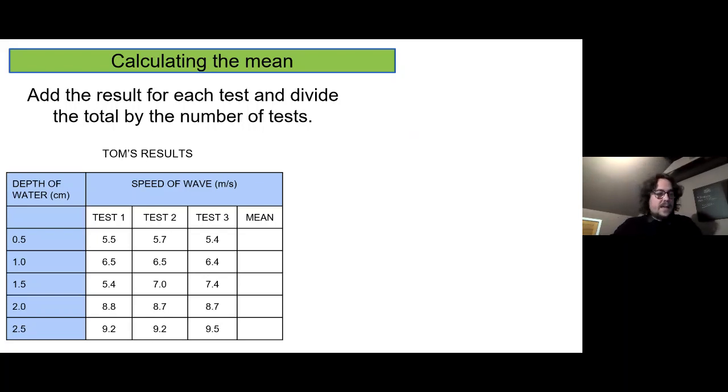To calculate a mean, you have to add up all of the data for the 3 tests. So in this case, you'll be adding up 5.5 for this first value here, plus 5.7 plus 5.4. Very importantly, I'm going to press equals at that point. Let me just pop that in my calculator: 5.5 plus 5.7 plus 5.4 equals 16.6.